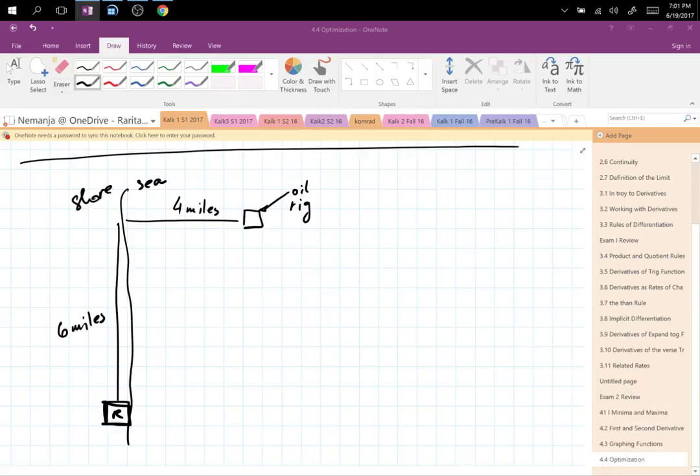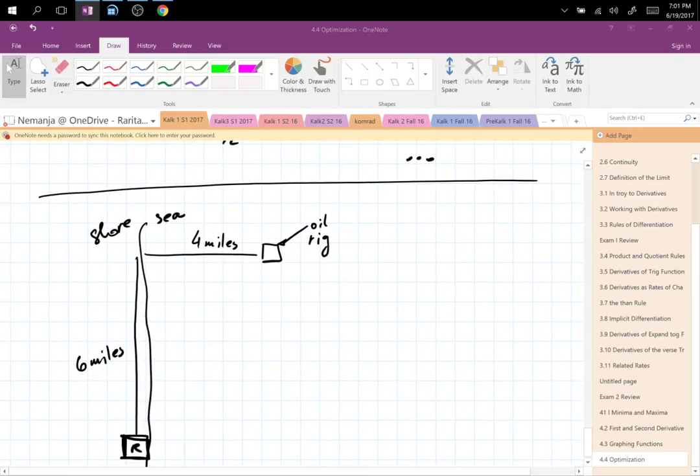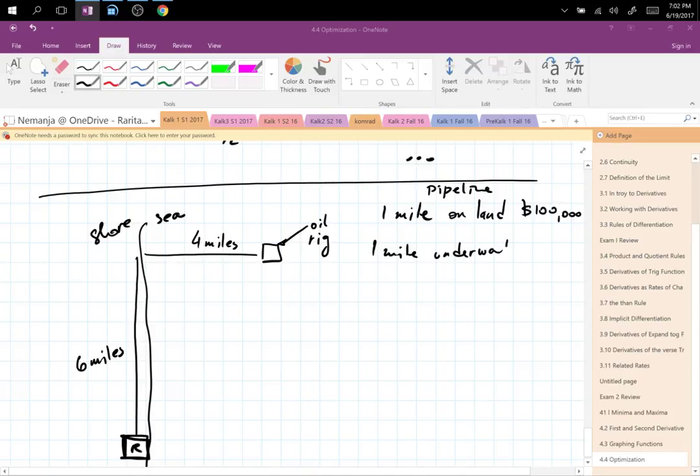So say that 1 mile of pipeline on land is, let's say, maybe $100,000, and 1 mile underwater maybe $500,000, whatever.